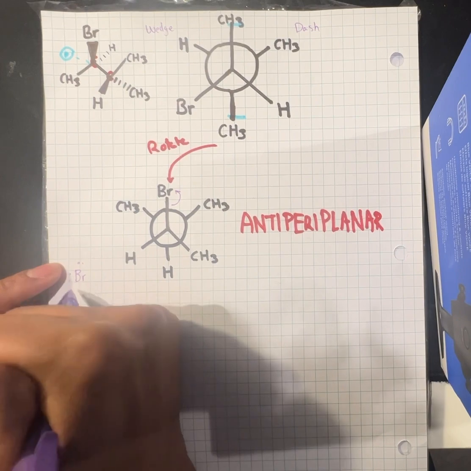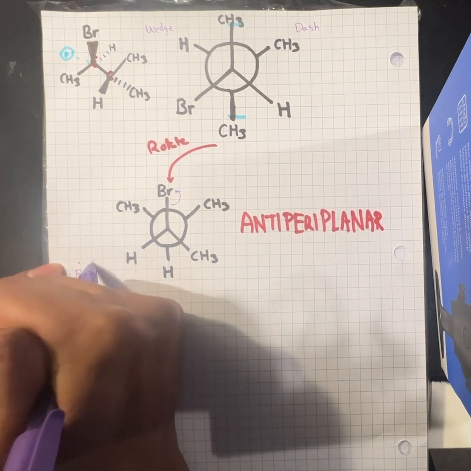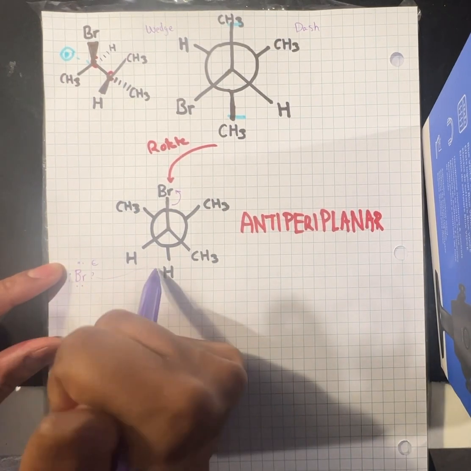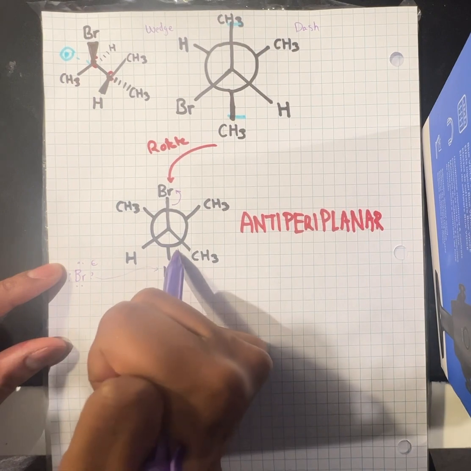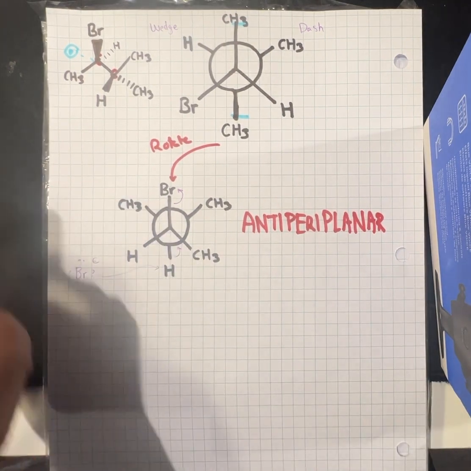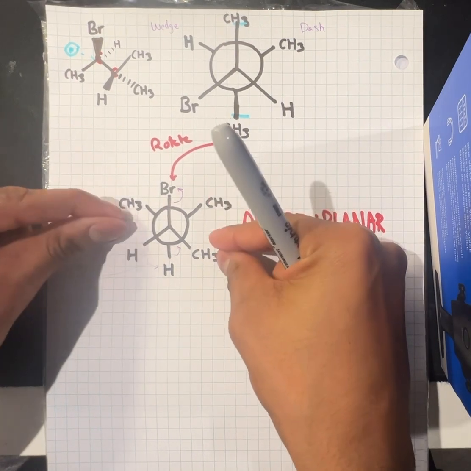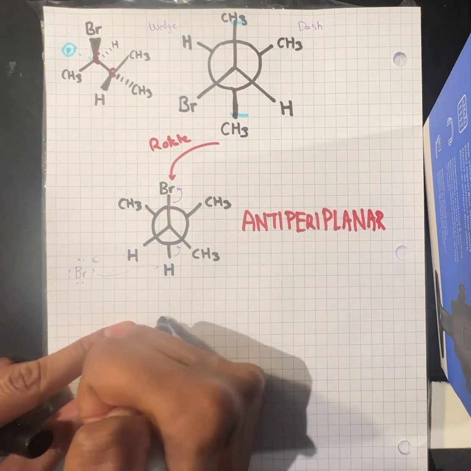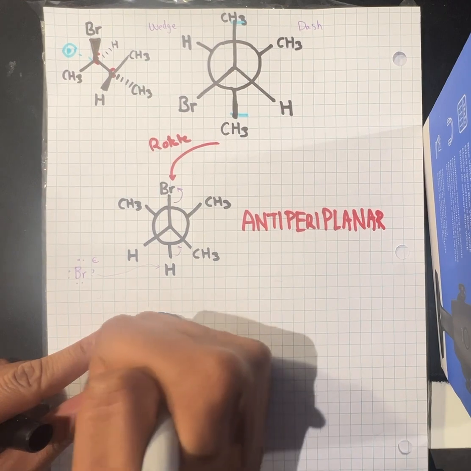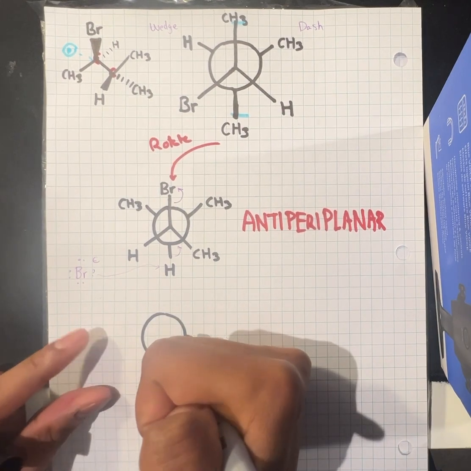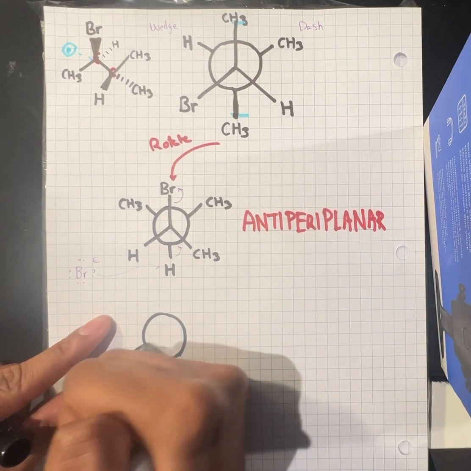And a base is going to attack the hydrogen, allowing these electrons to form a double bond. These substituents will squish. So we'll get something like this.